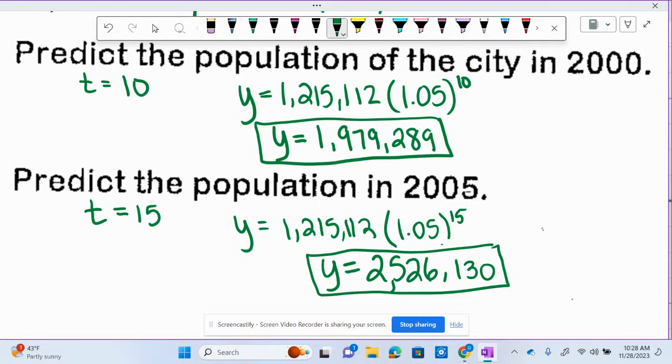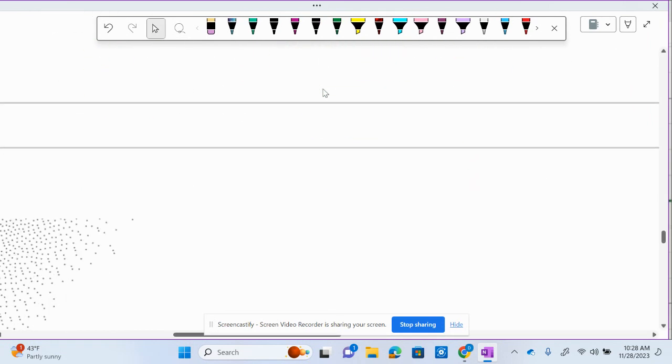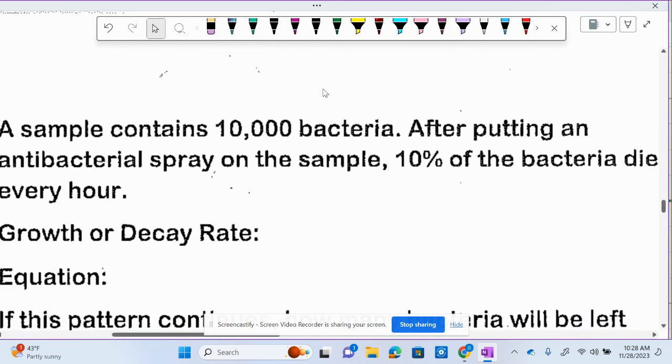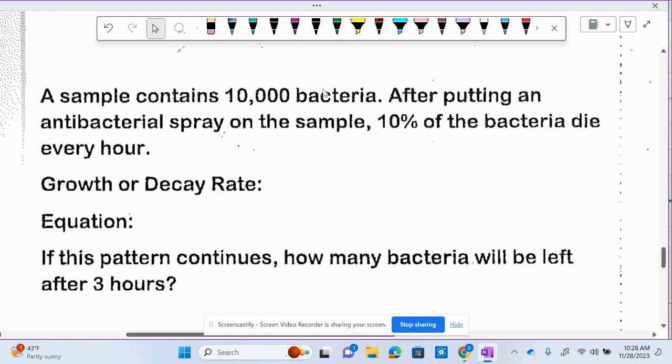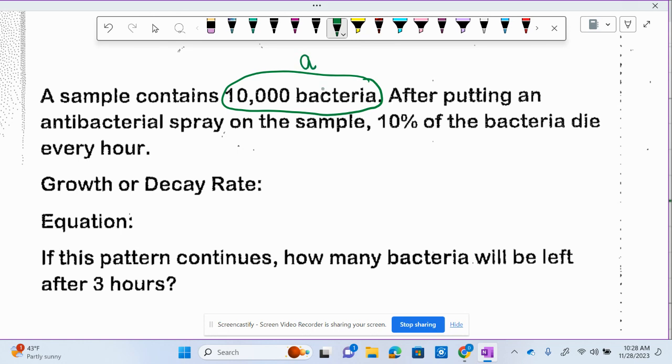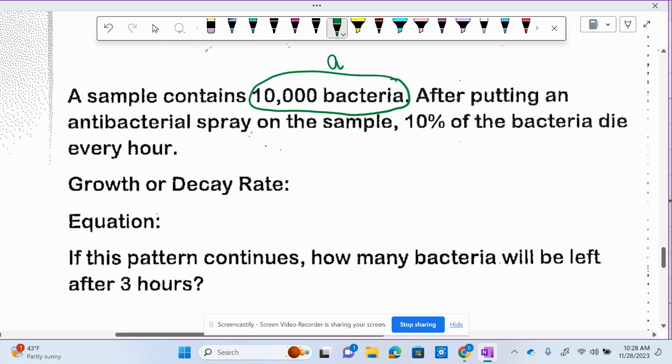So a sample contains 10,000 bacteria. What is that representing? Yep, that's your A. That's the starting value. After putting on antibacterial spray, is that going to show growth or decay?